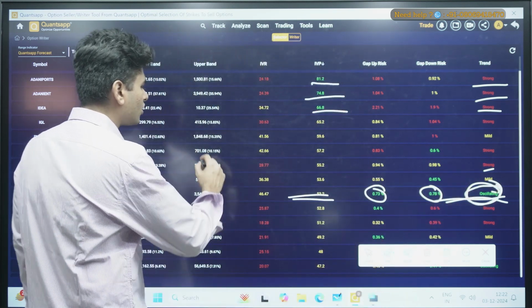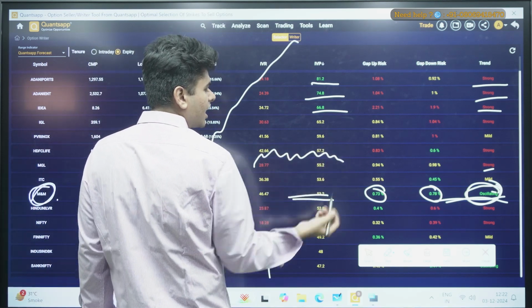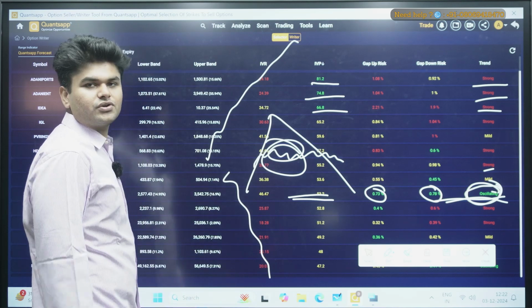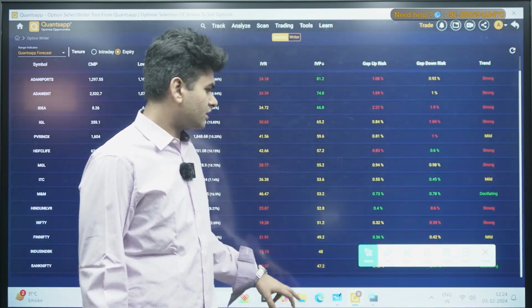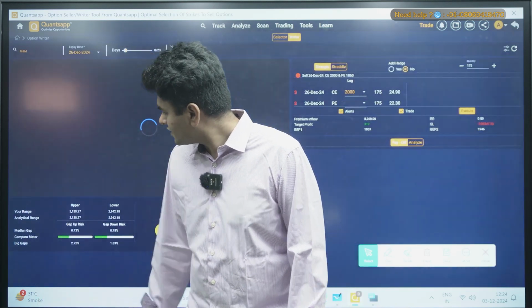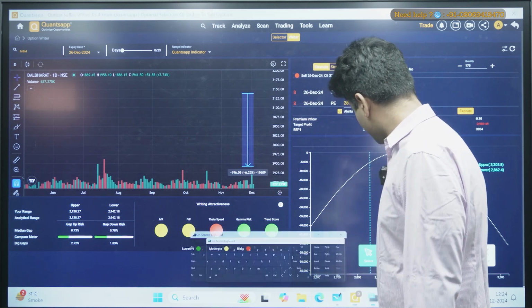Basically the trend is not an uptrend or a downtrend, it is a sideways trend, and that is what you need if you want it to end in a range. So simply select oscillating, and you can directly select M&M, and as you can see we are directly jumping onto the charts.